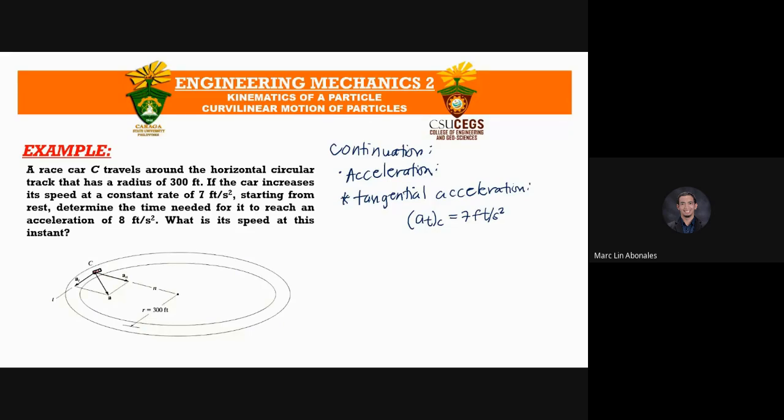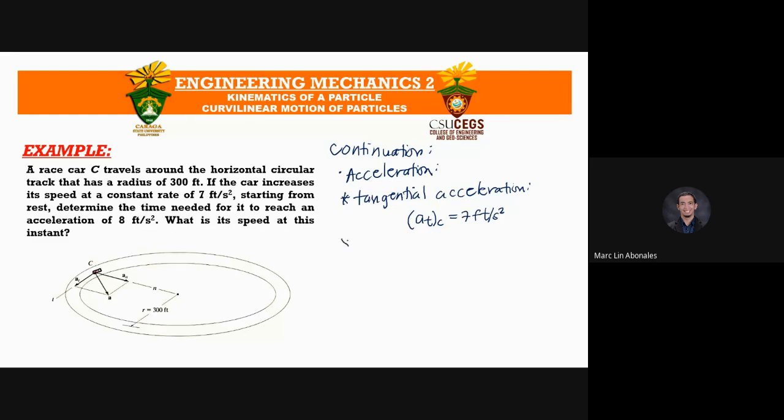So what I always tell to you, ang tangential acceleration o ang velocity are the same direction. So ang imuhang 7 feet per second squared is the tangential acceleration, especially that it is a constant.